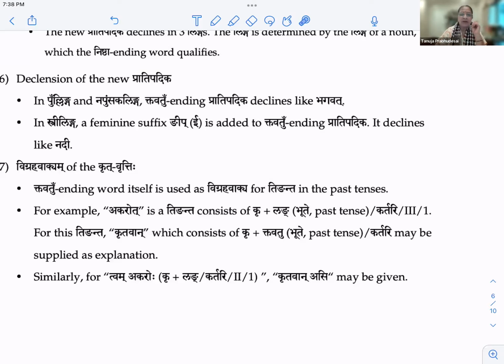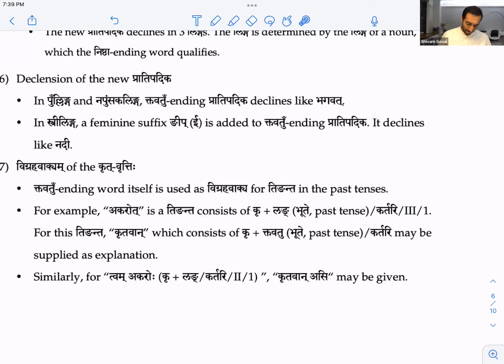And Kritavan. So Kritavan is also... Akarot is the verb, and Kritavan here is actually a noun. Yeah, so here, I'll explain that. You can tell me if I make it more clear.